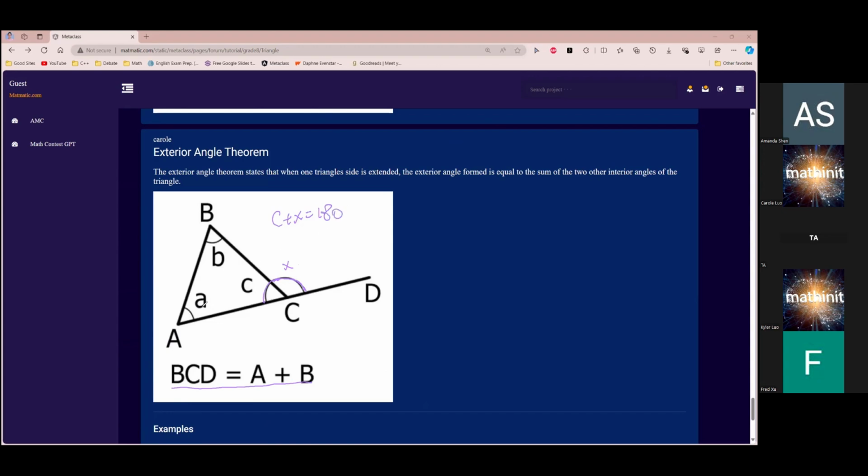But also a plus b plus c is also 180 degrees. So if you switch this for this and subtract c from both sides, those cancel out. So then you get x equals a plus b. So you could think of it like that as well, if you wanted to.